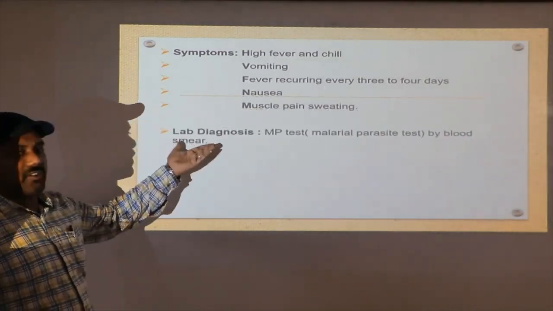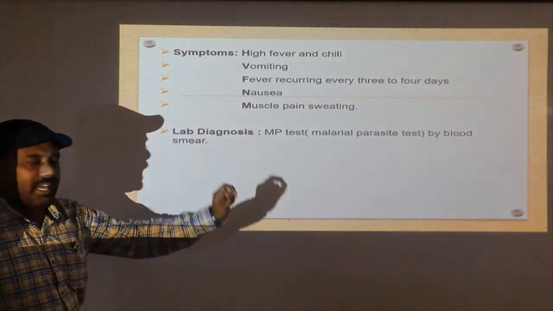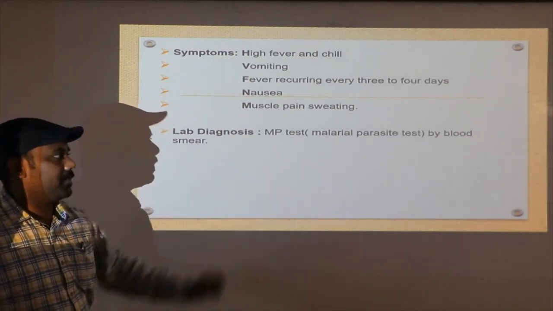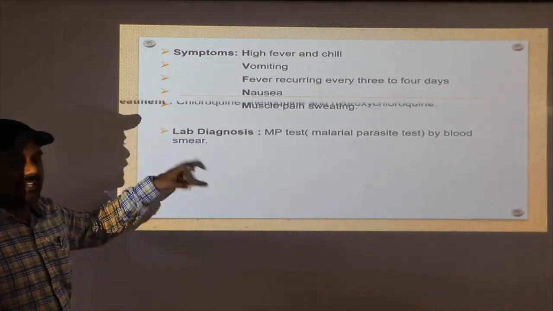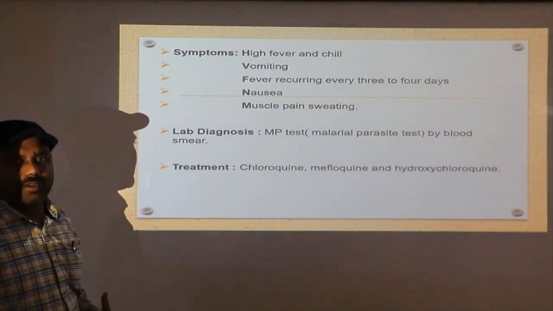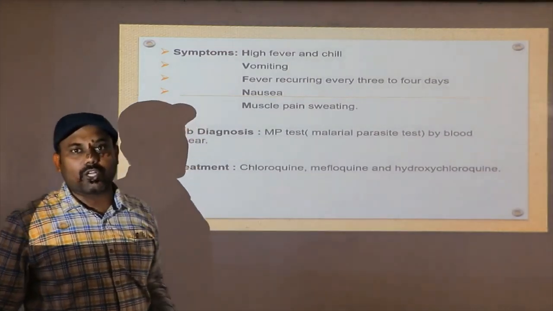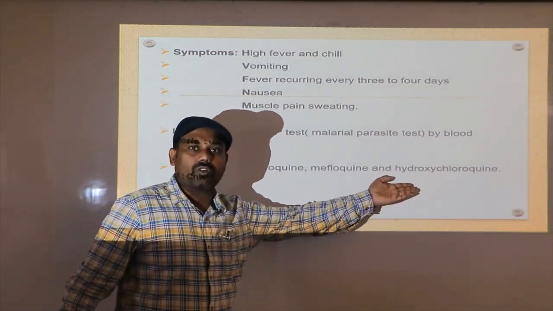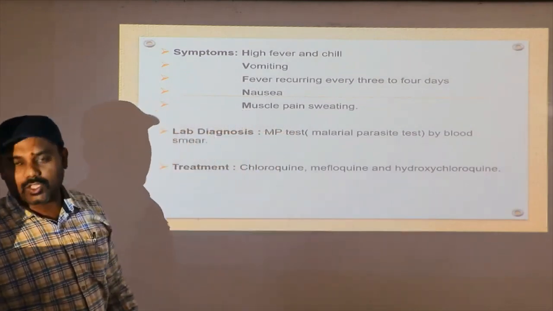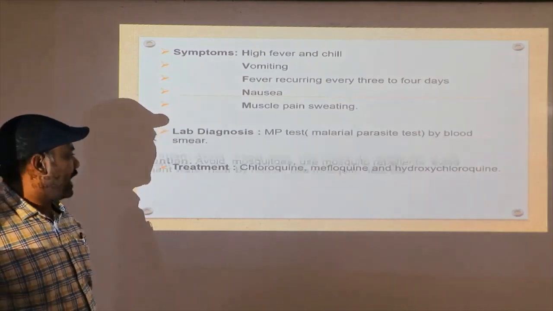Next, lab diagnosis by means of the MP test. Do remember, MP refers to malarial parasite test, by blood smear, by taking the blood from the patient. Treatment: there are some prescribed medications like chloroquine, mefloquine, hydroxychloroquine, which is right now used for corona, isn't it? So hydroxychloroquine, mefloquine and chloroquine are the prescribed medications for malaria.